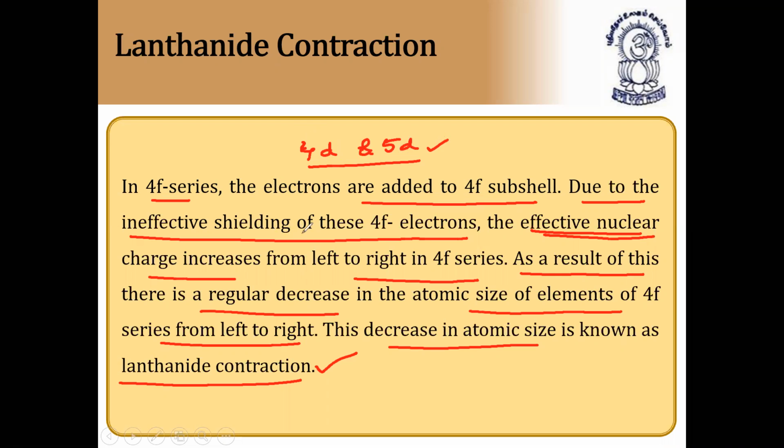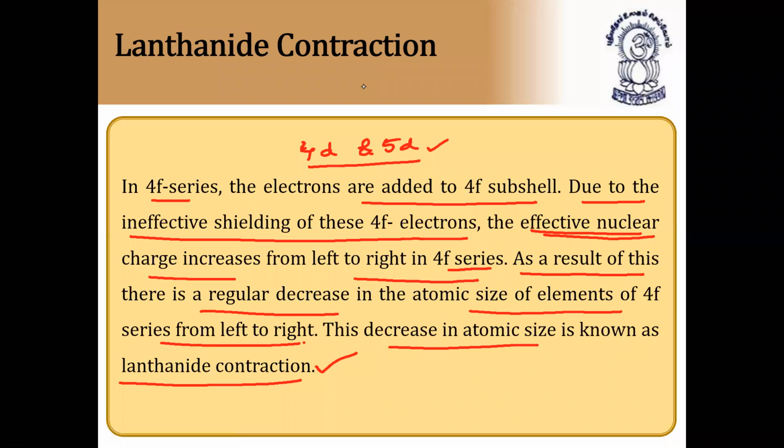Due to ineffective shielding of these 4d and 5d electrons, the effective nuclear charge increases from left to right. As a result, there is a regular decrease in the atomic size of elements from left to right. This decrease in atomic size is known as lanthanide contraction.